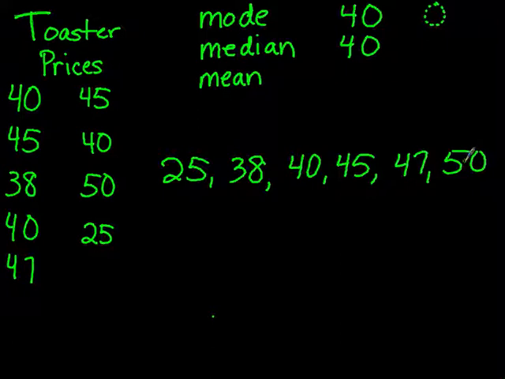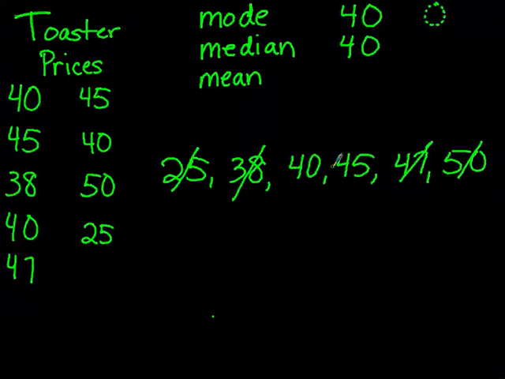The process is the same. You start by taking a number off of each side. Now we have two numbers in the middle. We can't cross both of those off, otherwise we'll have nothing left.